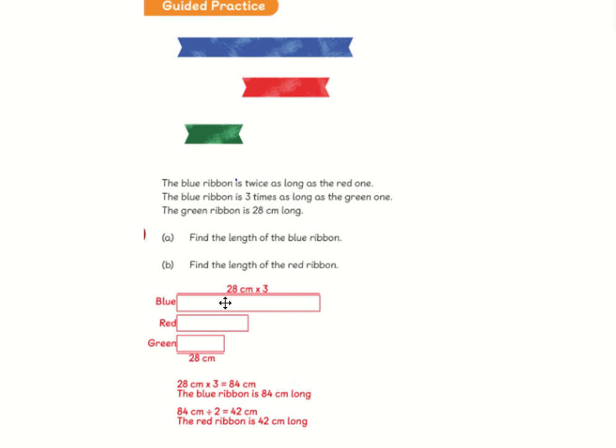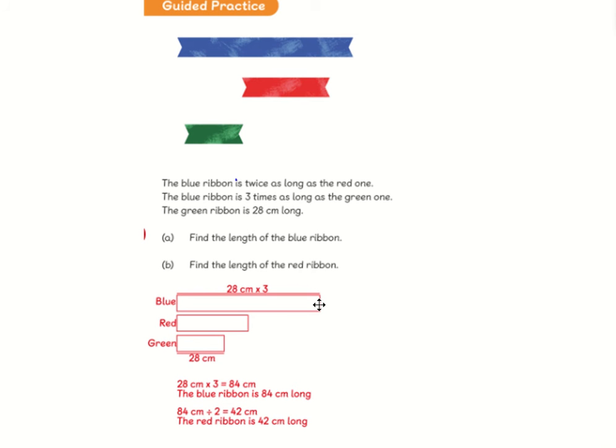Okay, so now we've developed our bar model, we can start to think how we can use that to work it out. So we know that the green ribbon is 28 centimetres, and we know that the blue ribbon is 3 times longer. So 28 times 3 gives us the length of the blue ribbon, which is 84 centimetres long. Now we know that that bar is 84 centimetres long.